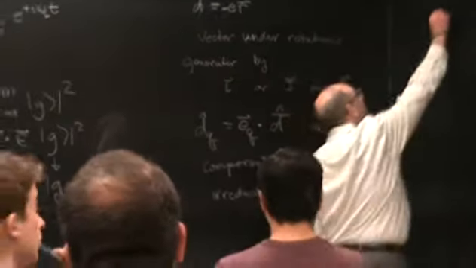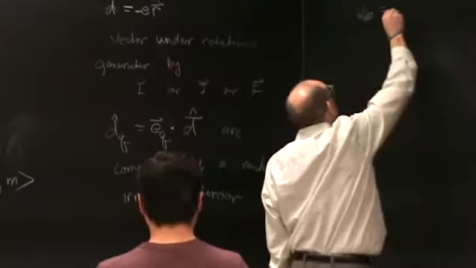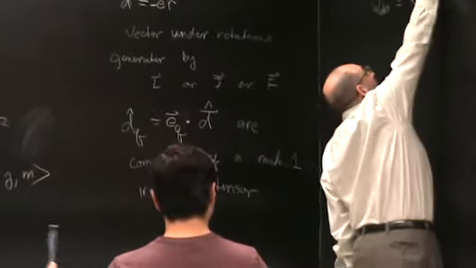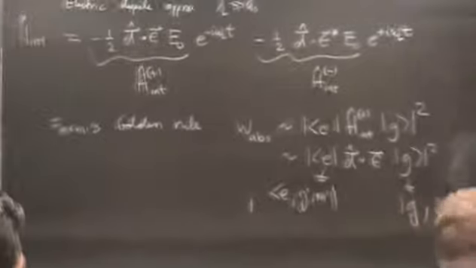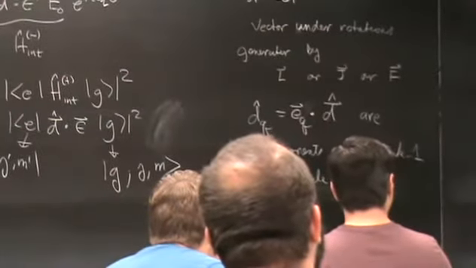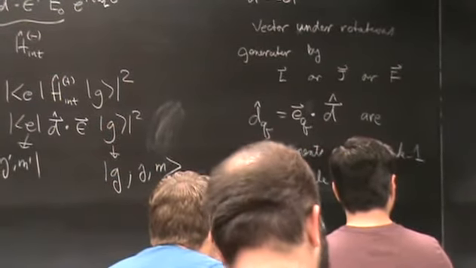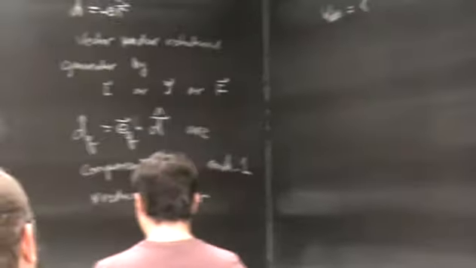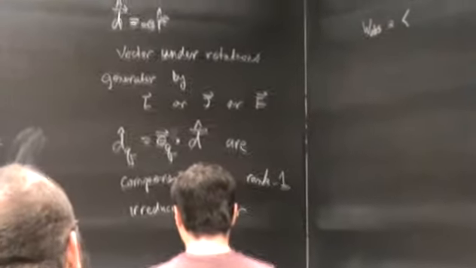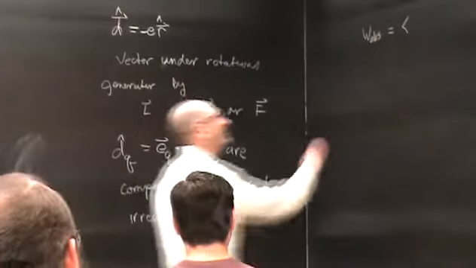So what that means is that my absorption coefficient is equal to, so d is a sum over q of d_q, d_q star. Right? Because when I dot it, I get d_q. So let's plug that in.